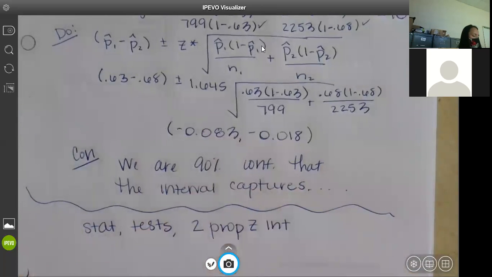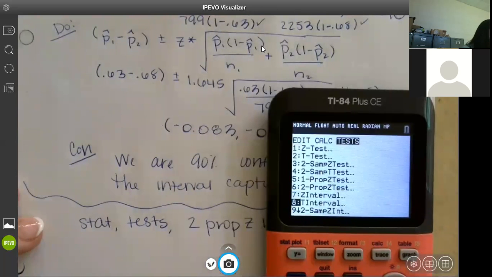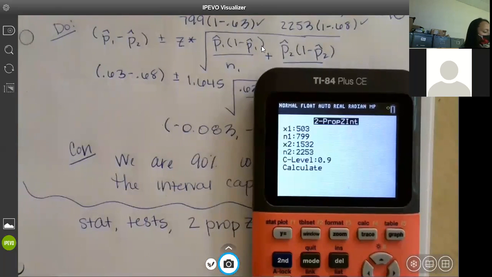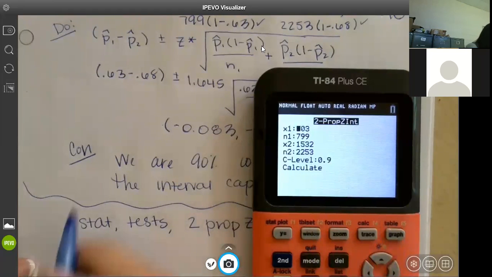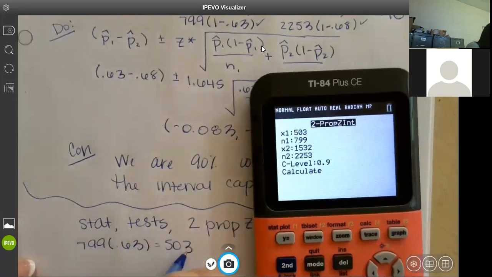So stat, test, 2 prop Z interval right there at the bottom, number or letter B. This number right here, this 503, came from 799 times 0.63. So that's where that comes from.